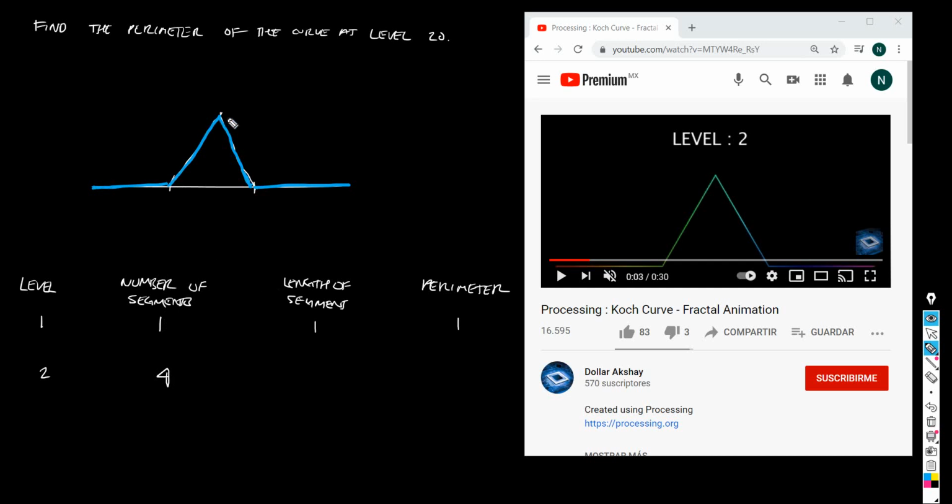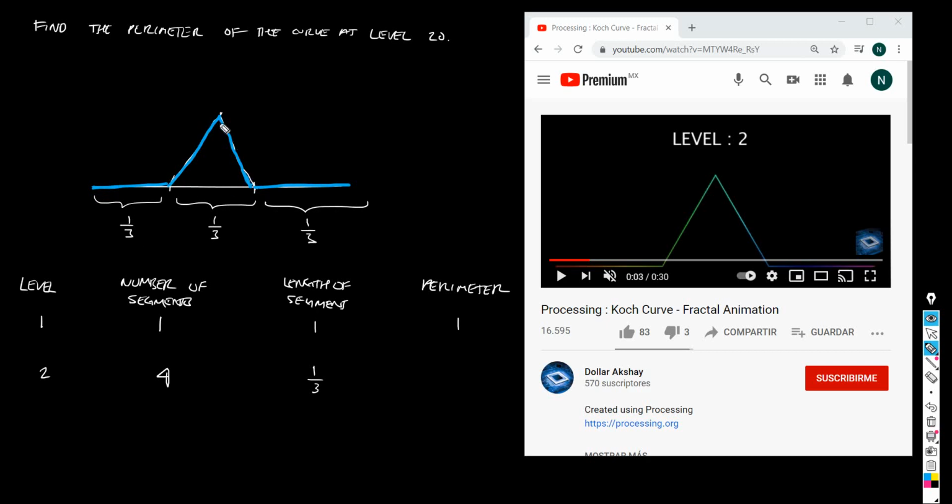What is the length of each of these segments, though? The length will be 1/3. Why is that? Well, because if all of this was originally 1 unit, then clearly each of these parts is gonna be 1/3.